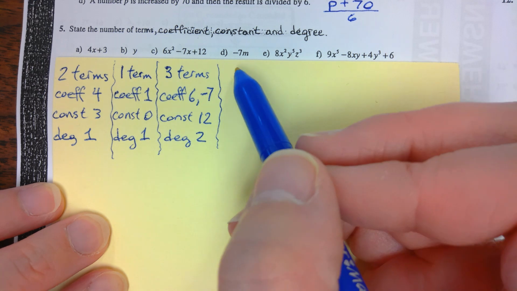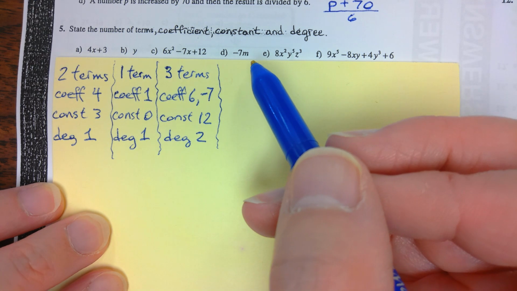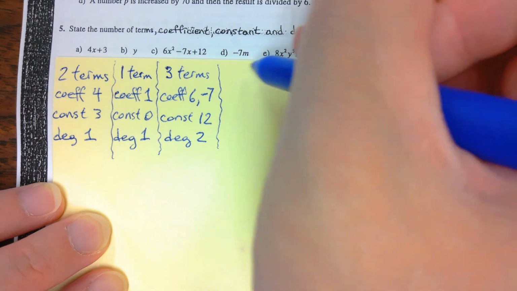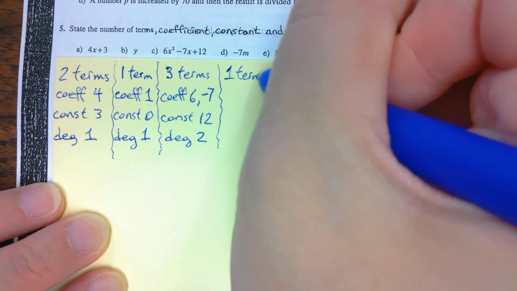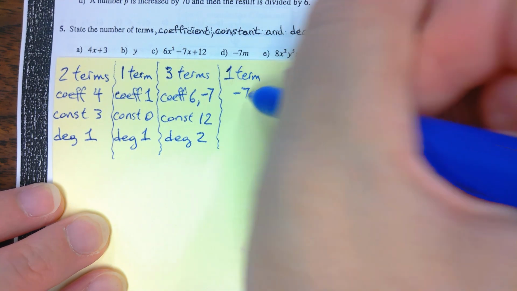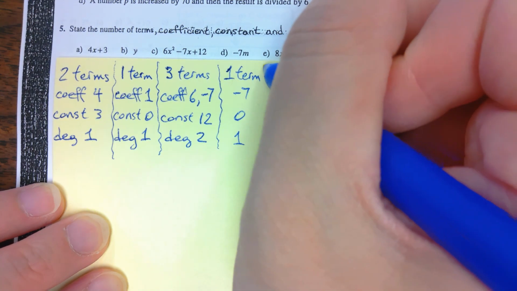Okay, yeah. Who can do D for me? Okay, yep, Riraj. 1, yep, -7, yep, 0, good. And 1. Awesome.